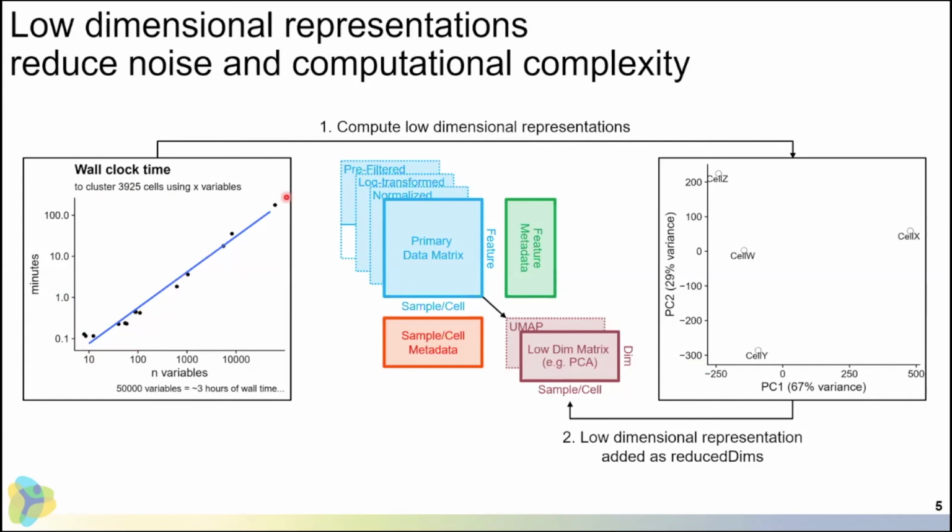But if I go up to 50,000 variables here, it's going to take me close to 3 hours, which obviously, if you're doing it once, it might be okay. But if you're doing it a number of times using different methods, that might become a little bit more taxing. The other side of this is the memory requirements, which typically also scale the same way. And so it might be the difference between running your data on a laptop and having to go to a server.